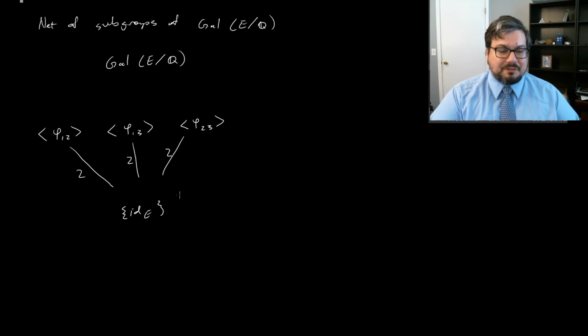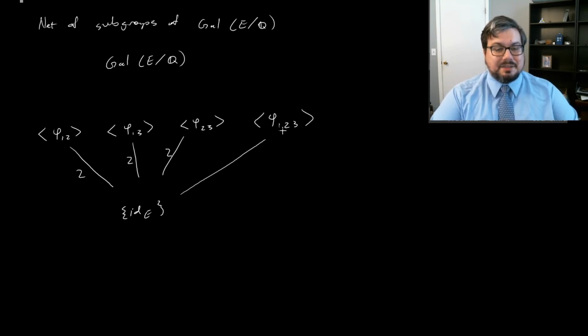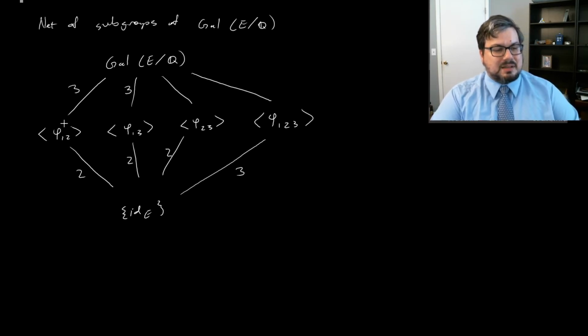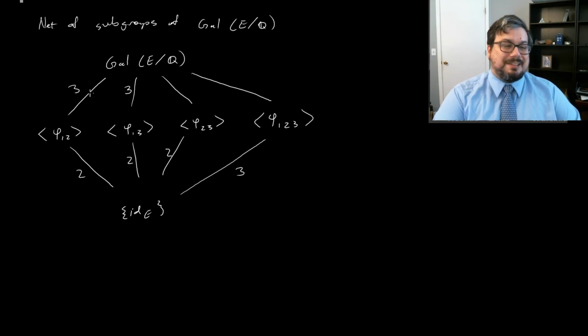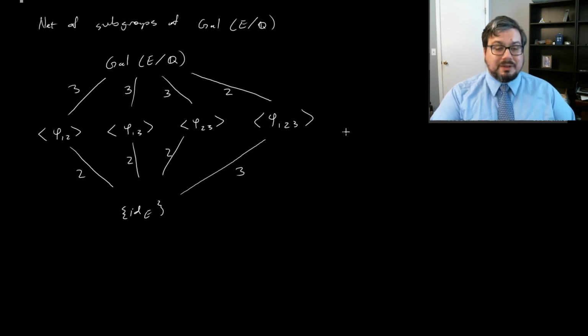And so the subgroup generated by each of them is of size 2. And then we have the subgroup generated by phi123, which has 3 elements. It has this cycle, the other 3 cycle, phi132, and the identity element. So this is 3. Now we know that the size of the group is 6, and so we know that the subgroup of order 2 must have index 3 inside the whole group, and similarly for the other groups of order 2, and then the subgroup of order 3 must have index 2 inside the whole group.